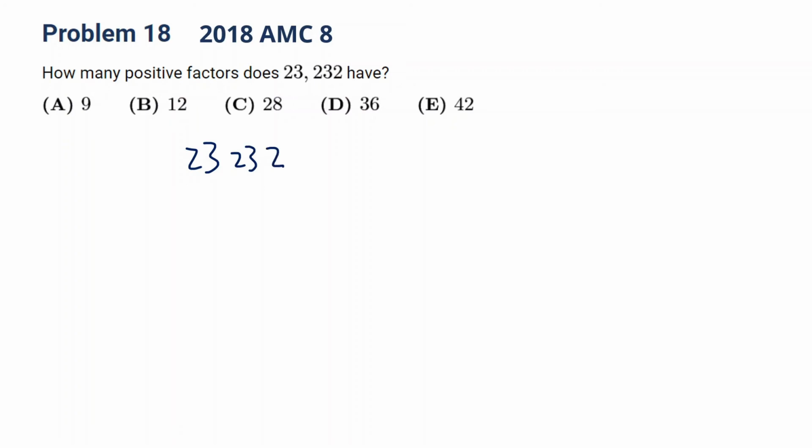Let's do it by hand, or you can use a calculator, but let's first try to do it by hand. So let's use the divisibility rule. Here, 232 is a multiple of 8. So basically, we can start with 8.